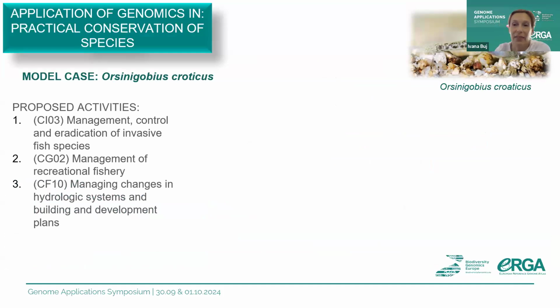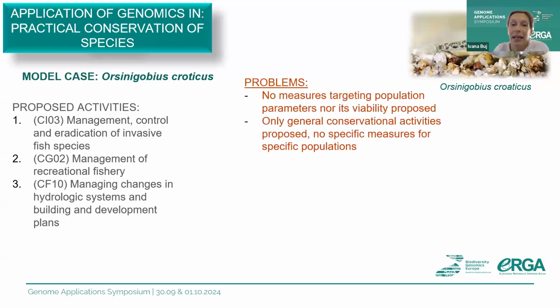So here are the activities that are really in the management plan of this species. Again, the problem is that no measures are targeting any internal population parameters, only some general conservation activities, which, well, from conservation practice we know is not efficient enough.